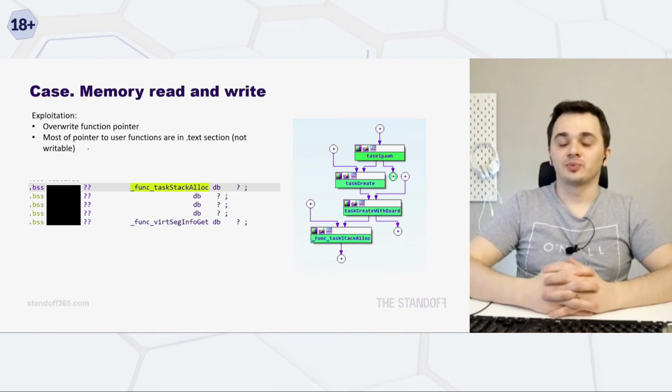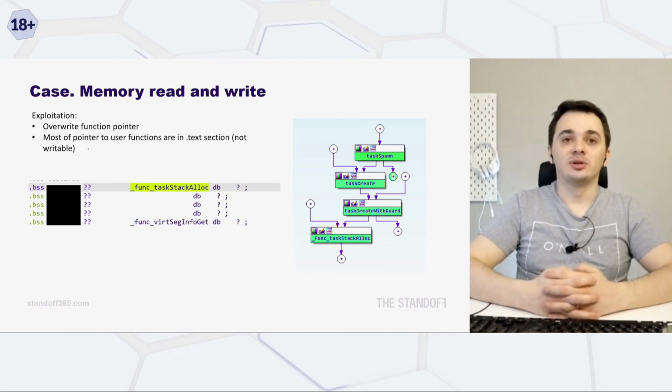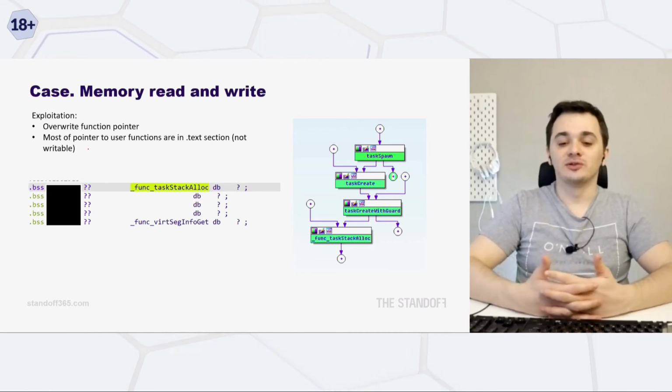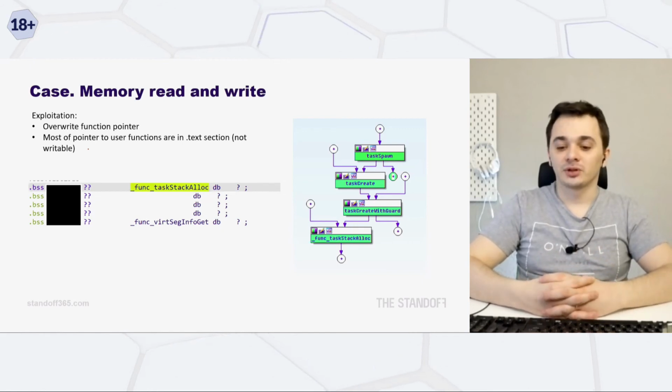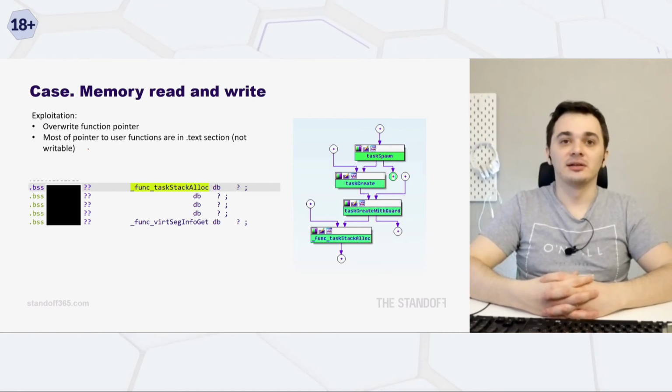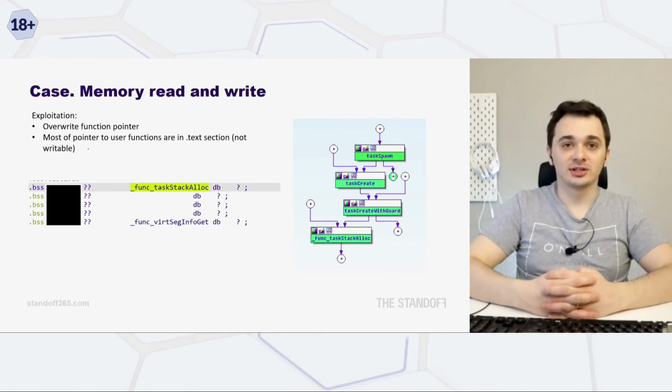Then we're faced with the objective of exploiting this vulnerability. This one is easy to exploit, and you can do this by actually rewriting the function pointers, by indicating a different address there, and making sure that this address contains what you need.